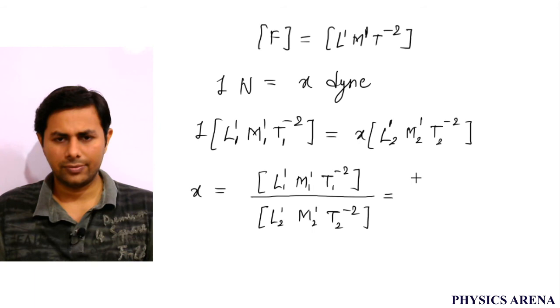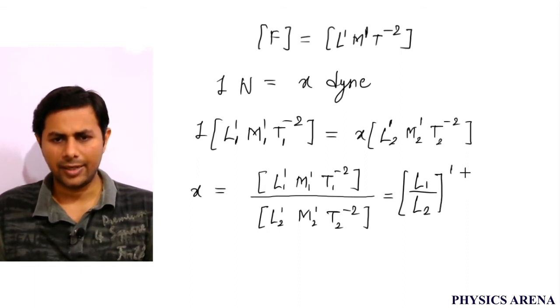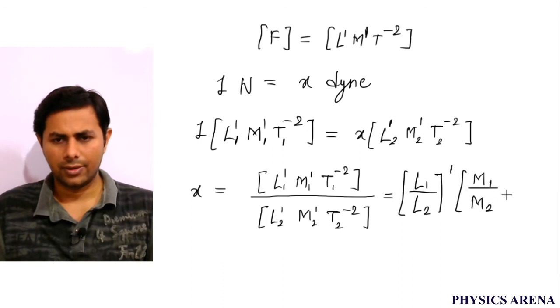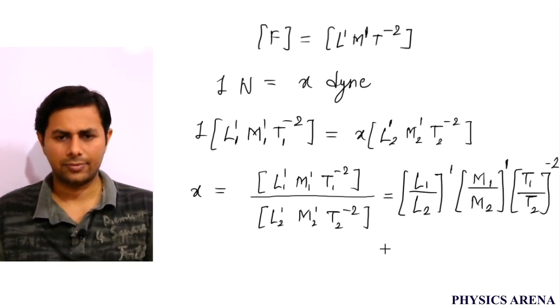So this is equal to, now I can write this as L1 over L2 raised to 1 multiplied by M1 over M2 raised to 1 multiplied by T1 over T2 raised to minus 2.